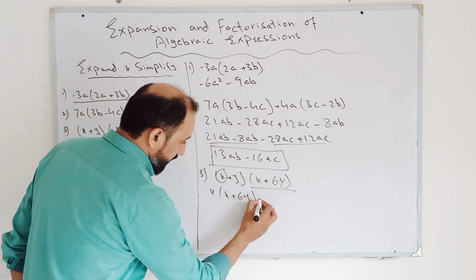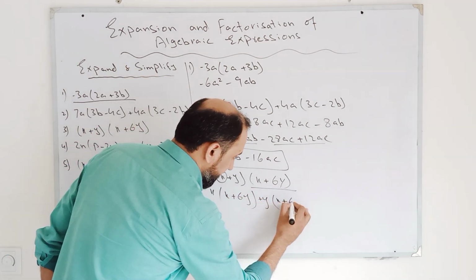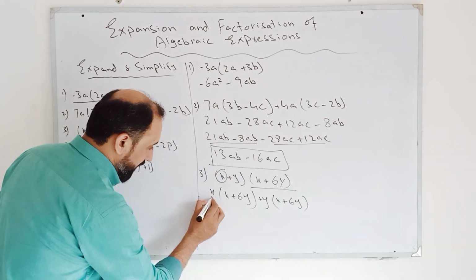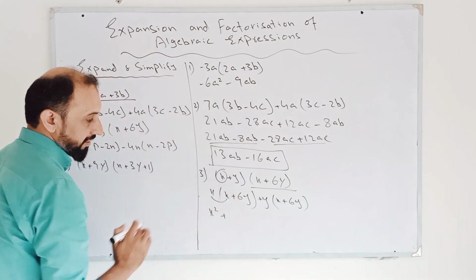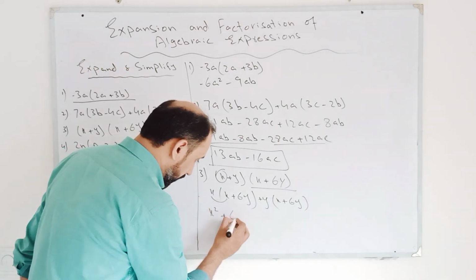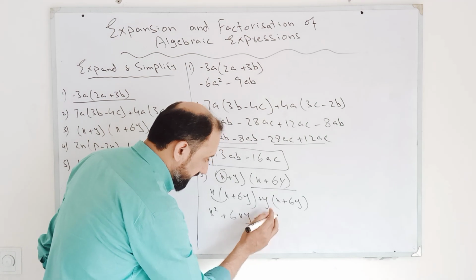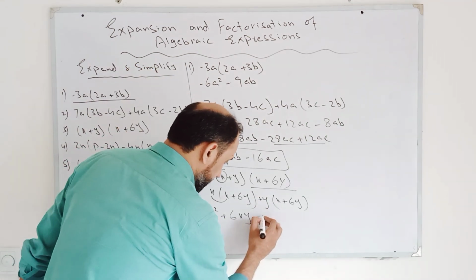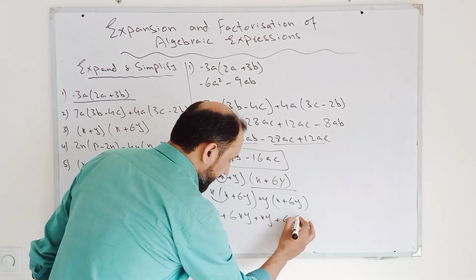And the next one, plus y, multiplies the whole bracket x plus 6y once again. So x multiplied by x is x squared, x multiplied by 6y is 6xy, plus y multiplied by x is xy, and plus 6y squared.